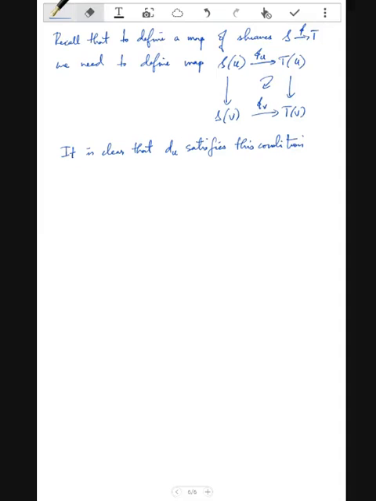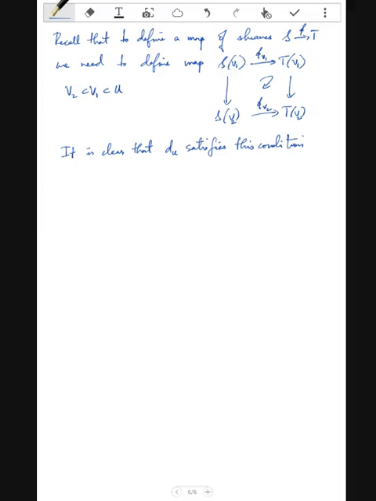Instead of u, let's say v1 and v2, since we have used the notation u, for all v2 contained in v1 contained in u.